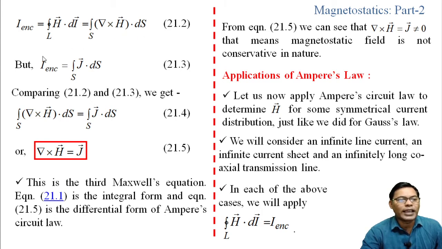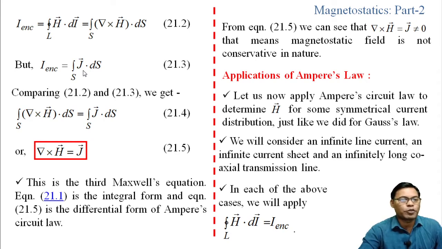But we know that I, the current enclosed by the Amperian path, which we will see afterwards, can be written as the surface integral of J dot dS, because I can be calculated using the surface integral of current density J dot dS.